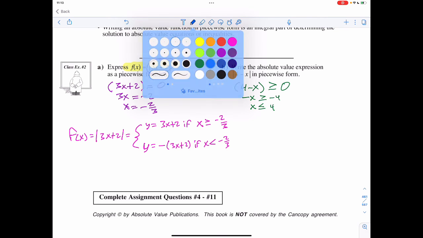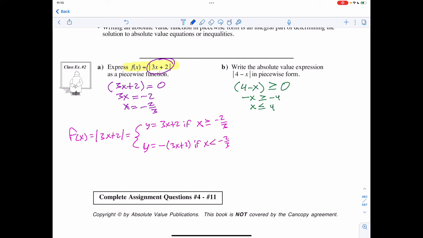And then I can state that f of x, which in this case is going to be the absolute value of 4 minus x, would split into the form that it has there. Y is equal to 4 minus x if x is less than or equal to 4.